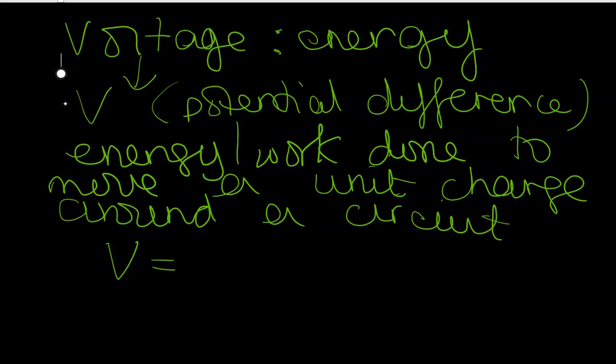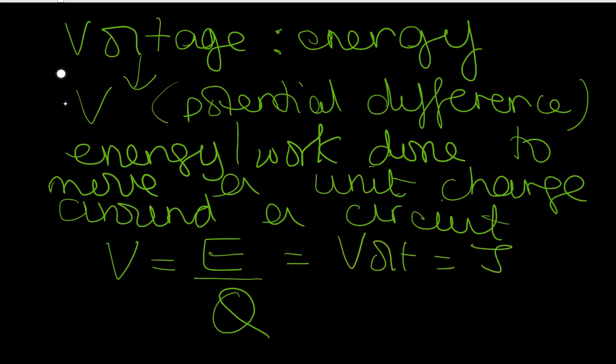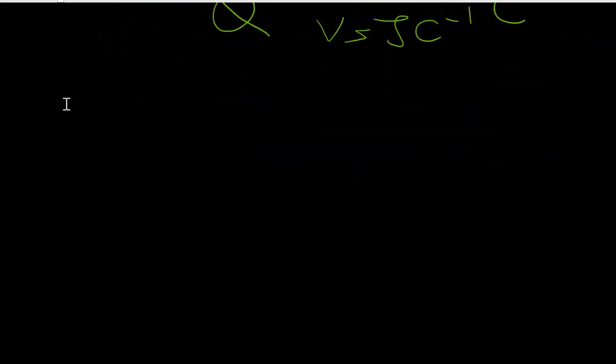So the work done is basically energy, all over Q. So 1 volt, which is the unit, is 1 joule per coulomb. So that is your alternative unit. So it is the work done to move a unit charge around a circuit.